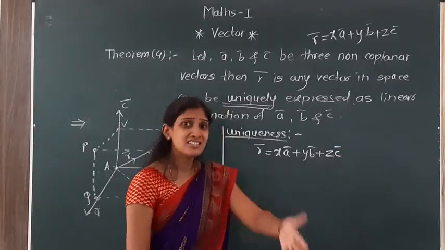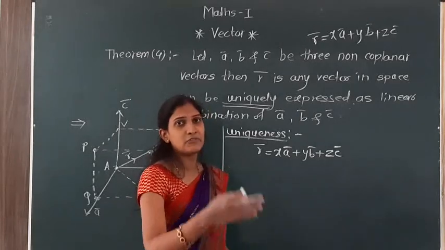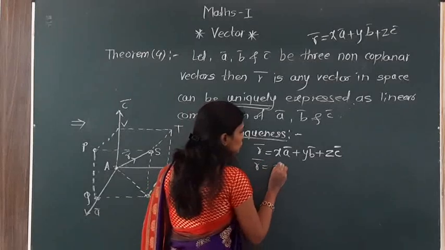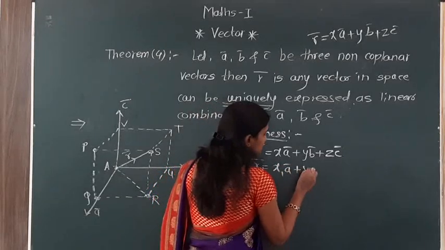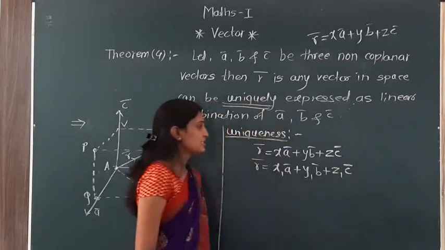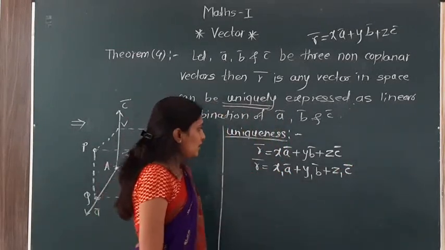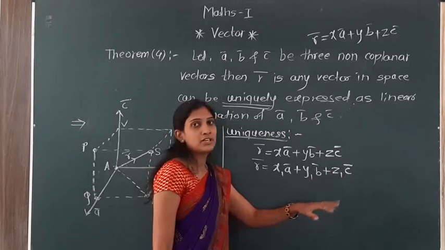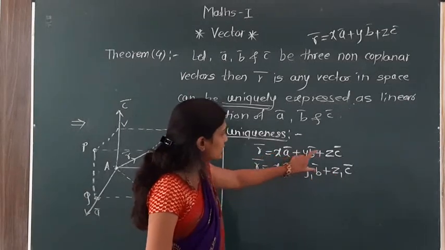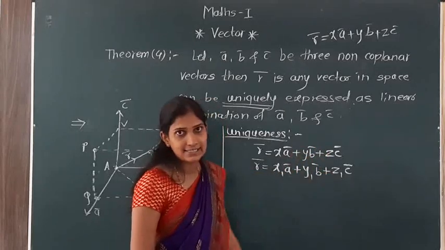Suppose there are other scalars, that is x1, y1 and z1, such that R bar is equal to x1 A bar plus y1 B bar plus z1 C bar. We have to prove that these two sets of scalars cannot differ, that the scalars are unique.